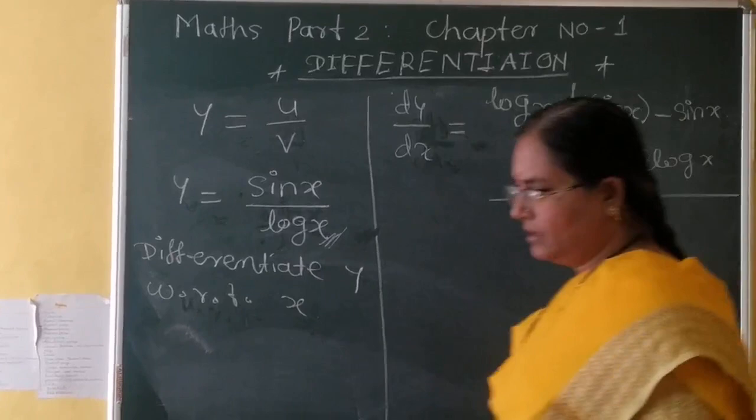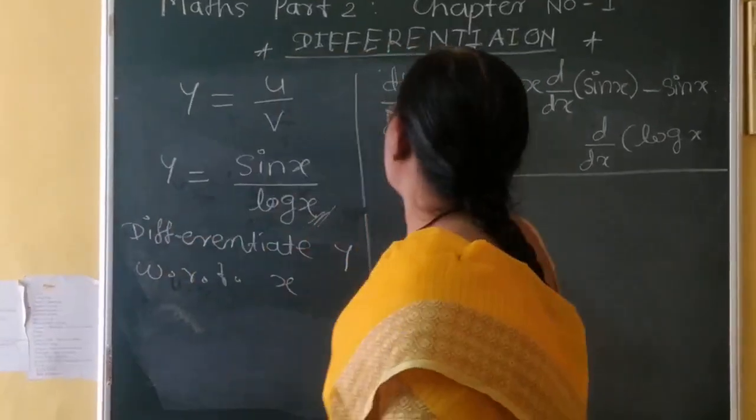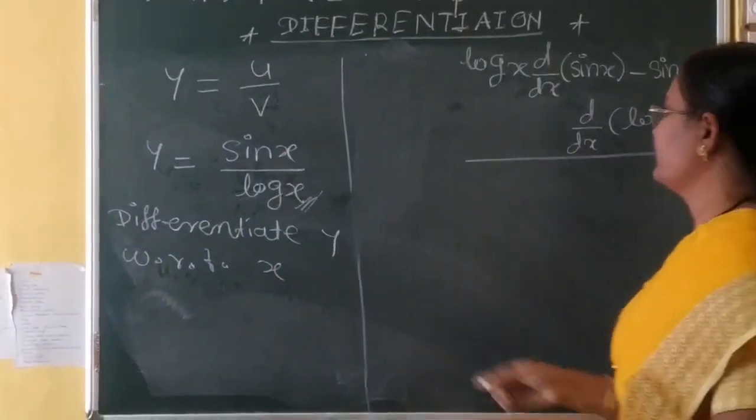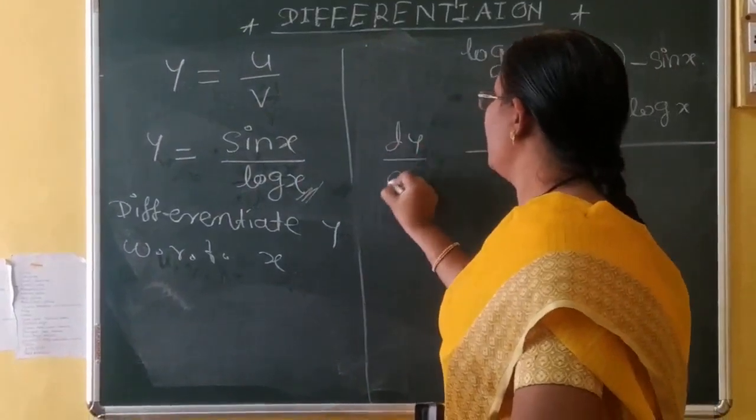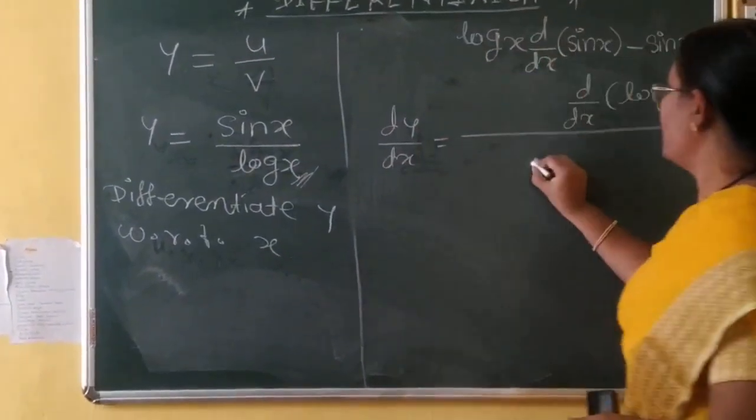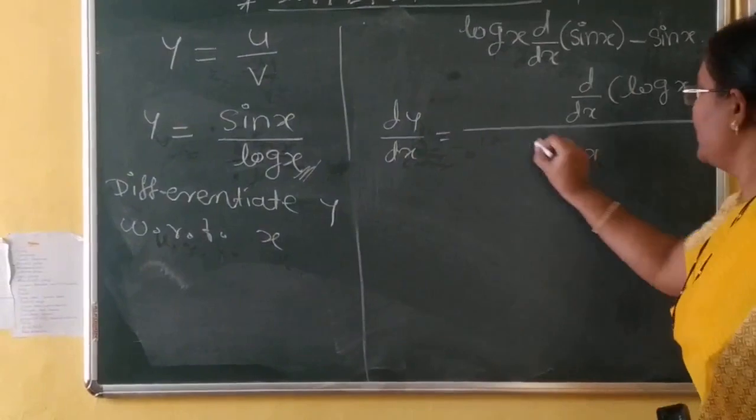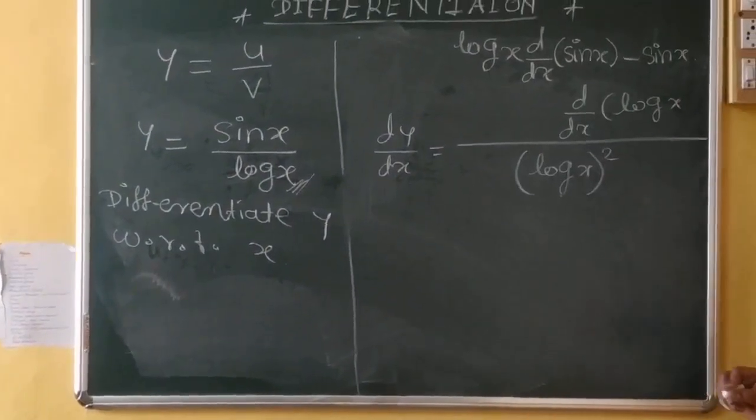What is v? V is log of x. So the denominator is log of x bracket square.